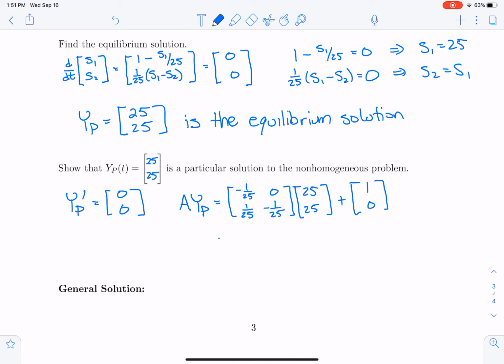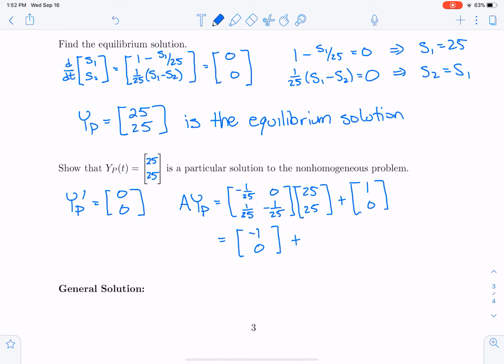Okay, is that also going to give me 0? Well, when I do the multiplication here, multiplying that first row by the column, I'm going to get negative 1. So the first row times the column gives me a negative 1. If I do the second row times the column, I will in fact get 0.